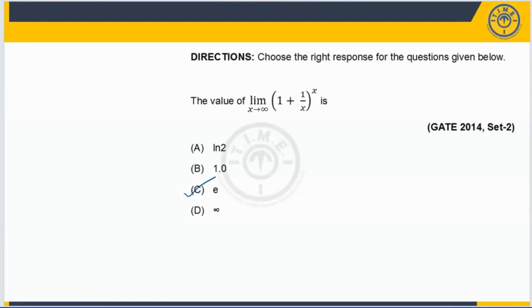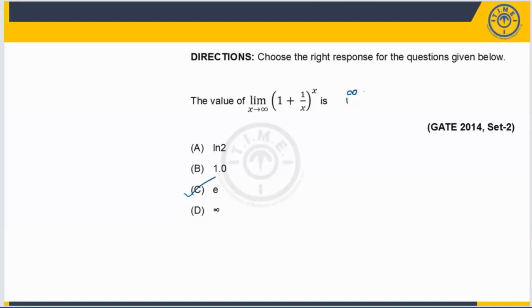Okay, sir. But sir, I studied this formula today, just 2 hours ago, but it is difficult for me to remember. Who is asking you to remember, Srikar? Just follow the procedure. If you apply the limit, what are you getting? We are getting 1 to the power infinity, right?